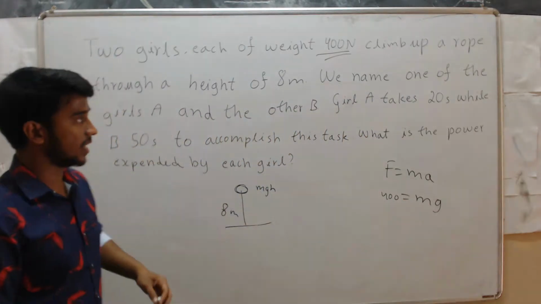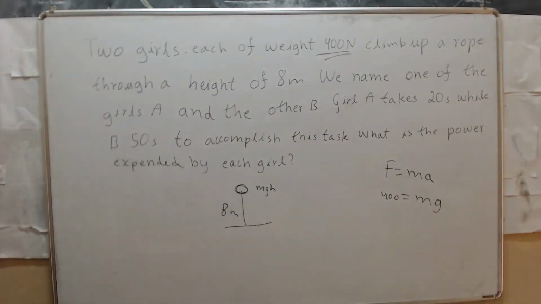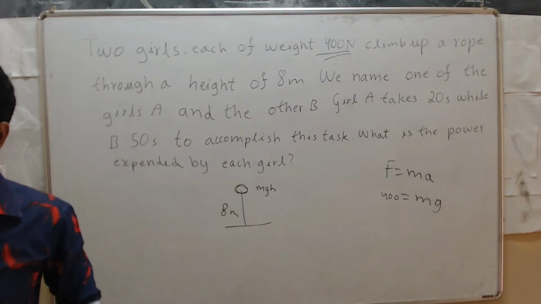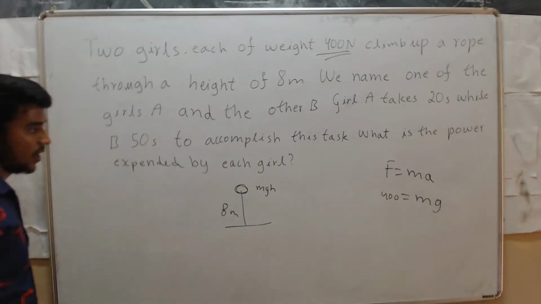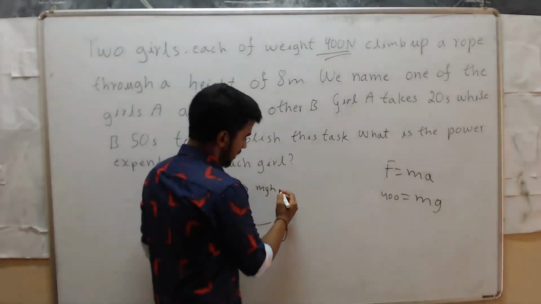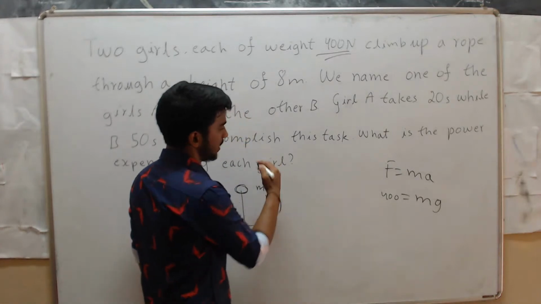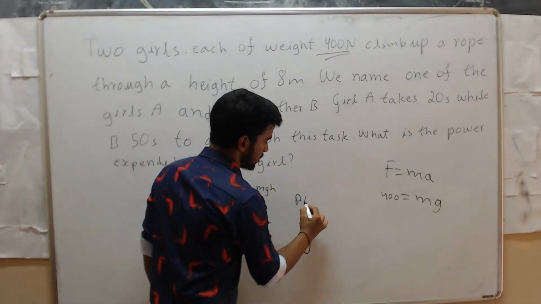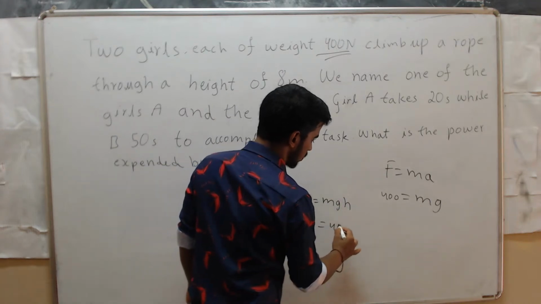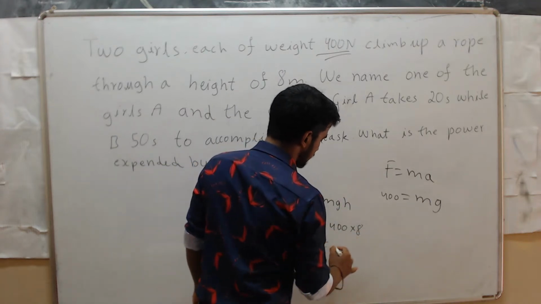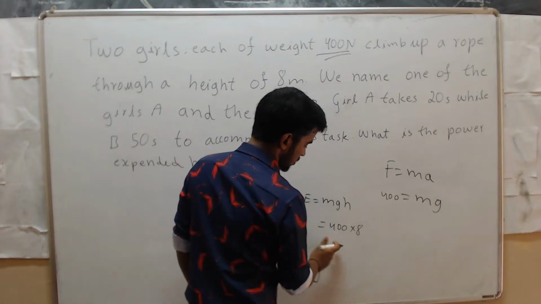We'll discuss this in the gravitation chapter. Weight is a force, the force between your body and earth. So now mg is 400, and the height is h. So potential energy is equal to m into g into h, that is 400 into 8. So what is the answer?